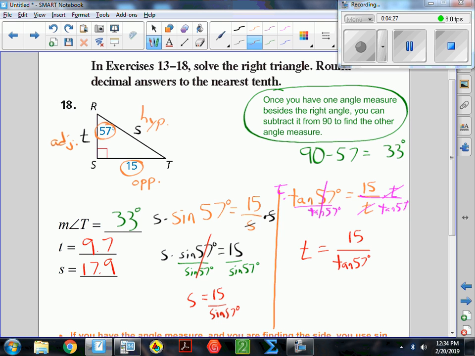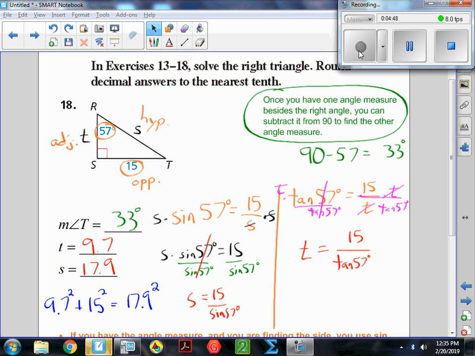And then I can use the Pythagorean theorem to check that my numbers match up the right way. So T is 9.7, I can say 9.7 squared plus 15 squared. See if that's close to 17.9 squared.